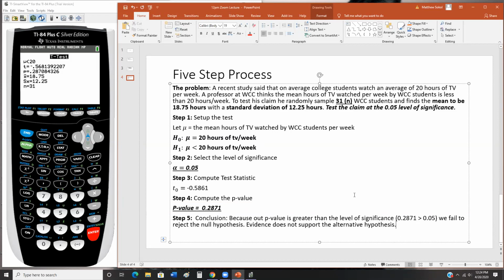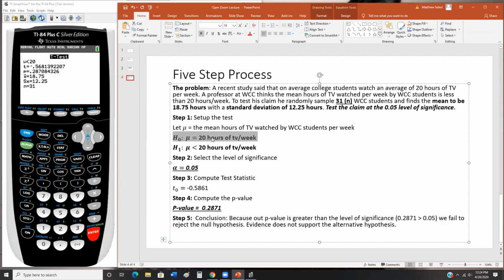When I'm saying evidence doesn't support the alternative hypothesis, it's like saying the person is not guilty. So what we're saying is I cannot conclude that this is not true. Even though the sample mean came back as 18.75, it was really only from 31 students. So it wasn't far enough away to say that there was evidence to support that for sure WCC students watch less TV on average.